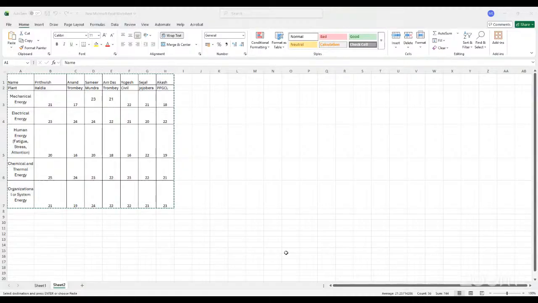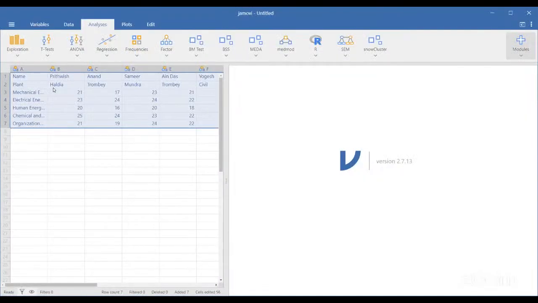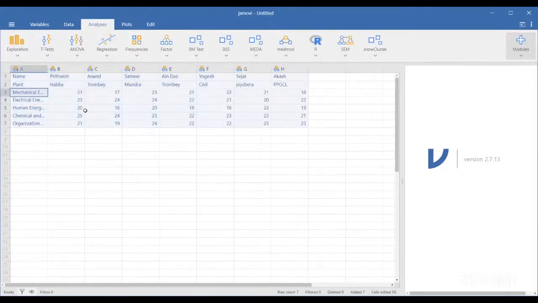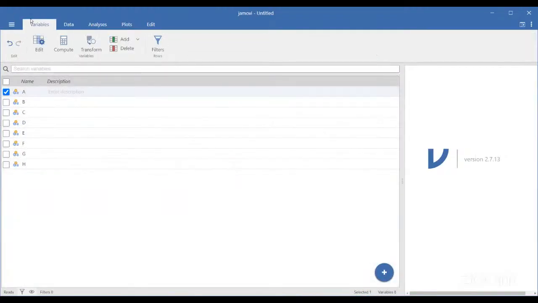Sir, I need to save the previous file, and then I'm now opening the. Correct. Okay. Now you click the regression.